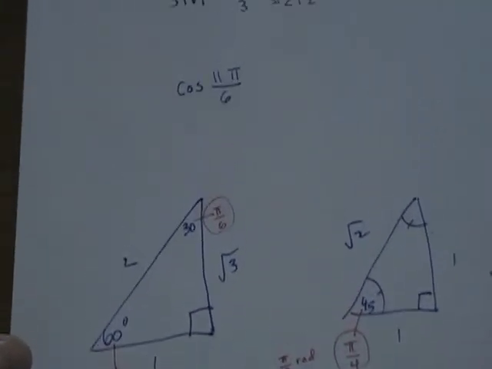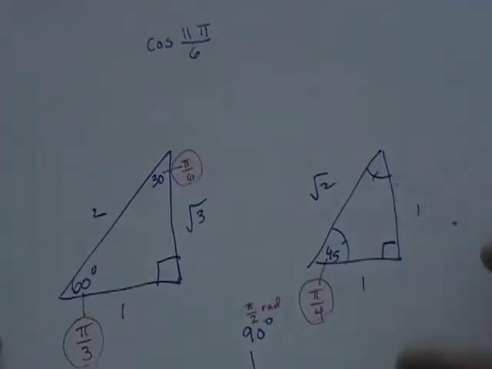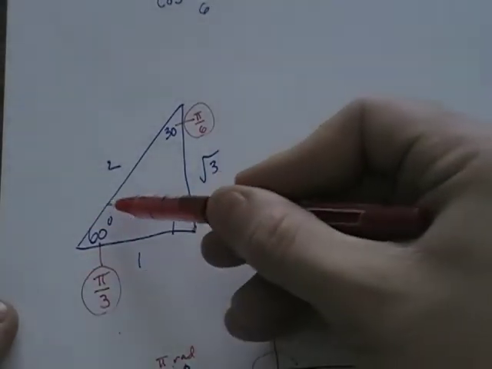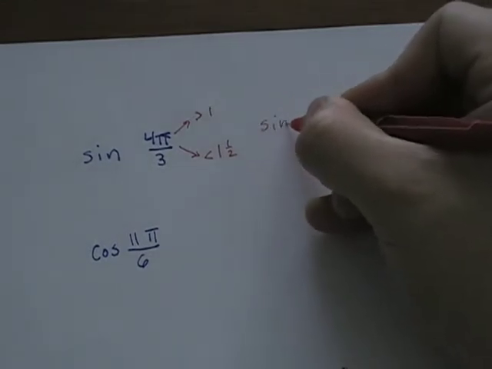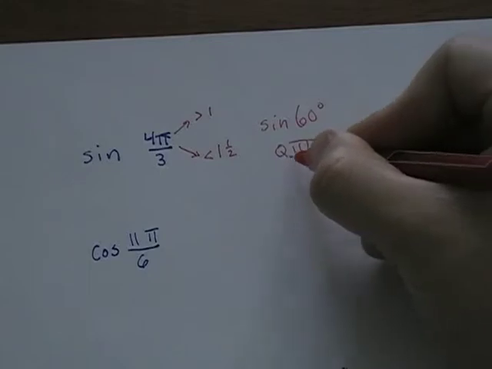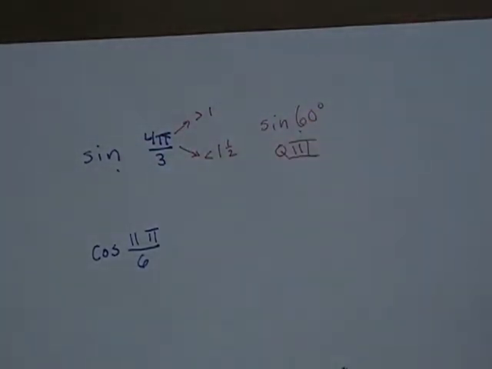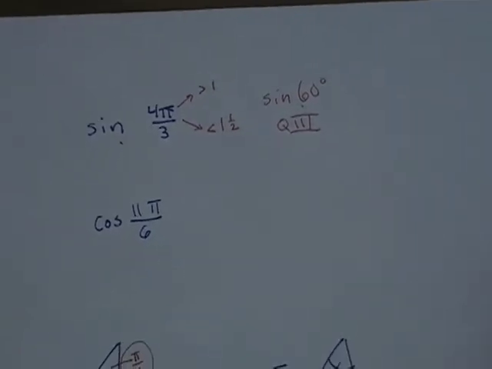And because it has a 3 in the denominator, guess what that tells me? This is sine of 60 in quadrant 3. This becomes this problem. Sine of 60 in quadrant 3.